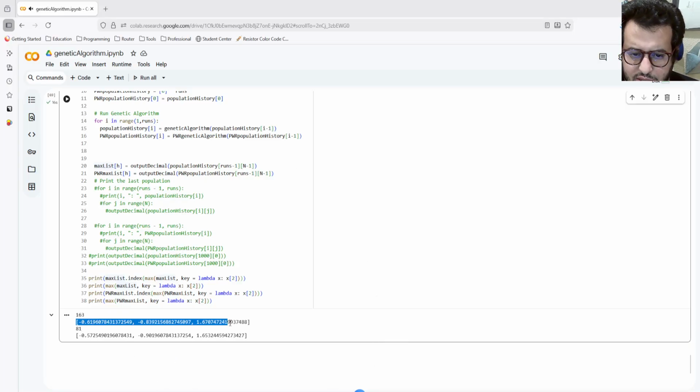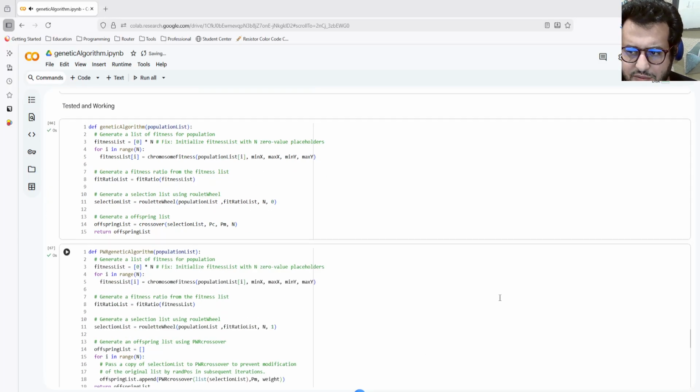So the values I'm getting consistently here are this for the two parents. The PWR recombination is giving me these different values.